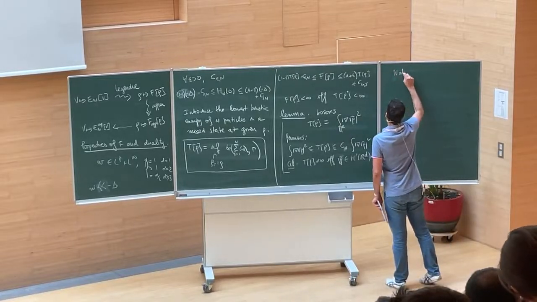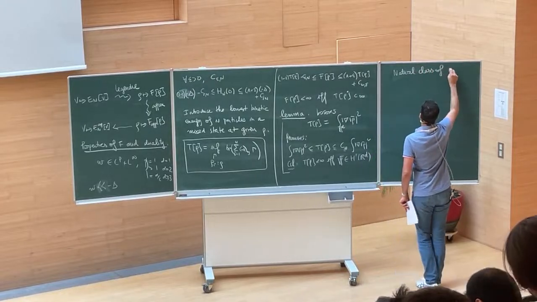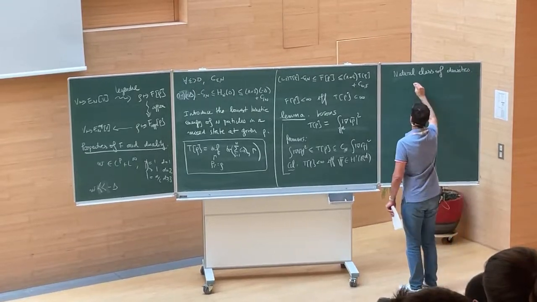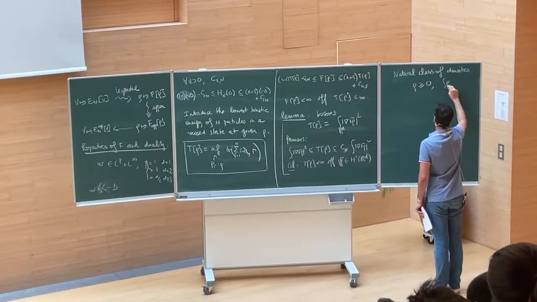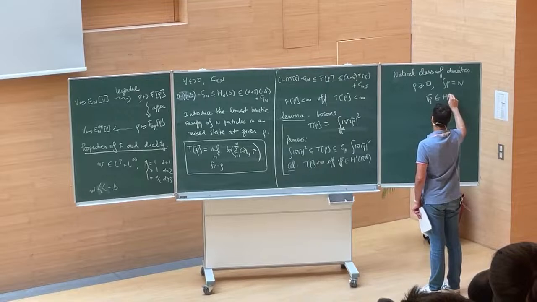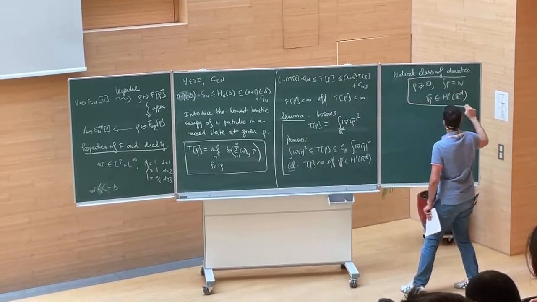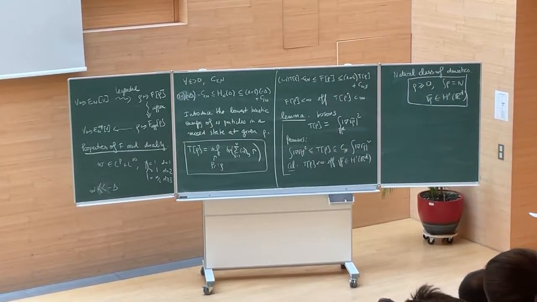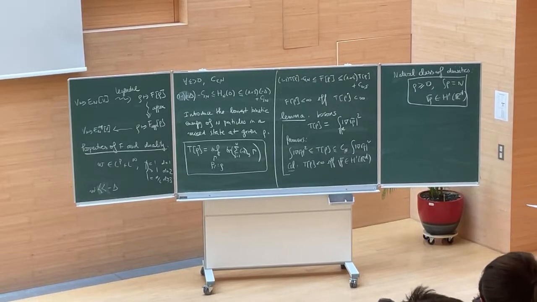So the natural class of densities. Okay, so of course rho is nonnegative, the integral of rho is n, and square root rho is in H1 of R^d. Let me remark that it's actually a convex set, because the gradient of the square root squared is a convex function.